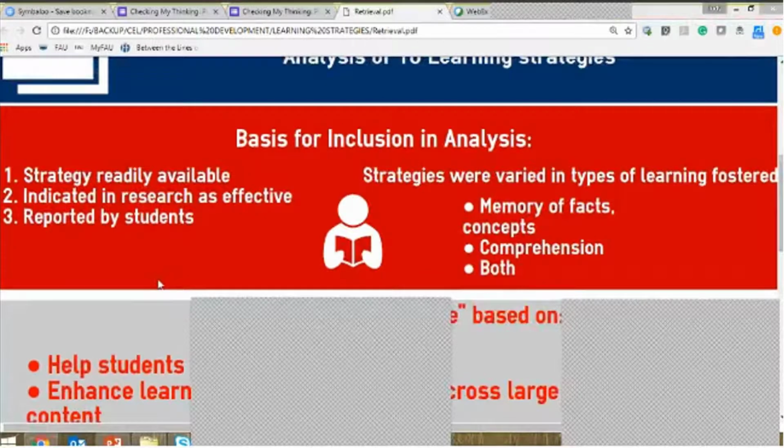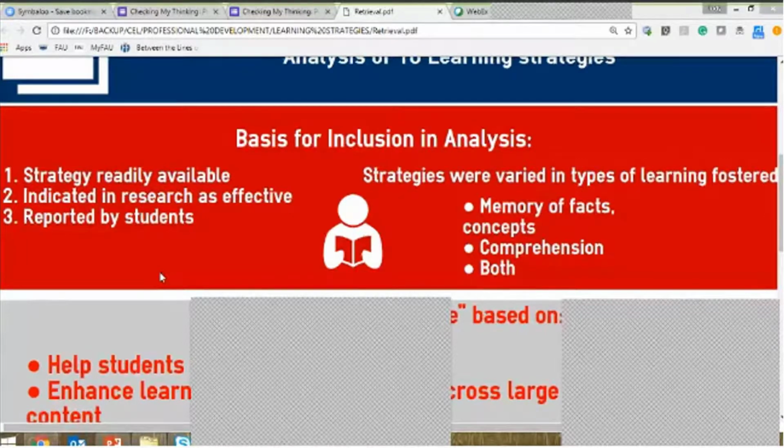And what we are looking at is a synopsis of the whole article, which is an analysis of 10 learning strategies that they used. And so we'll take a look at what they determined was the basis for the ones that they included in the analysis. First of all, if it was a strategy that was readily available to as many students as possible.